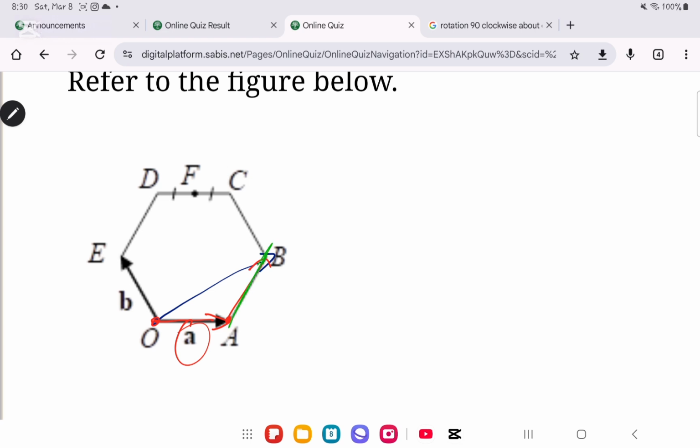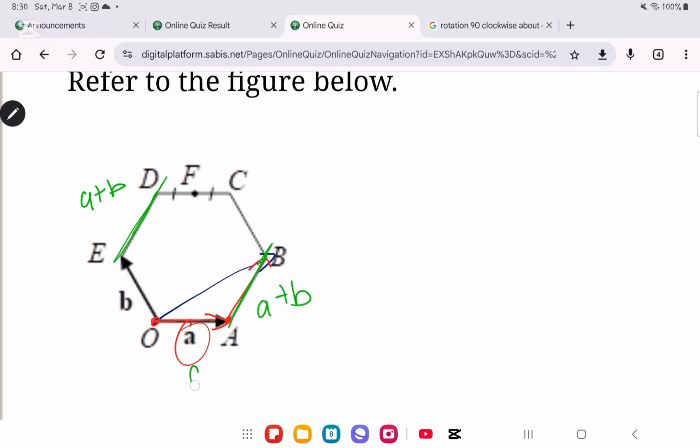As you can see, it is parallel to what? It's parallel to ED. And we found the ED in the previous question. And we know that ED, it is equal to what? It's equal to A plus B. So because they are parallel, they're both gonna have the same value. That means AB is also gonna be A plus B. So look at this now.